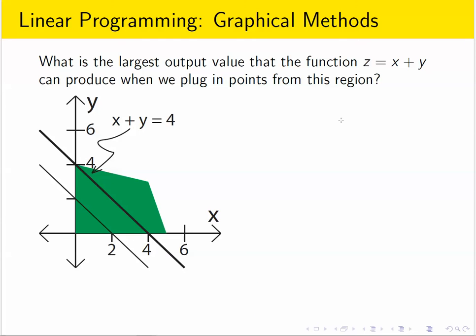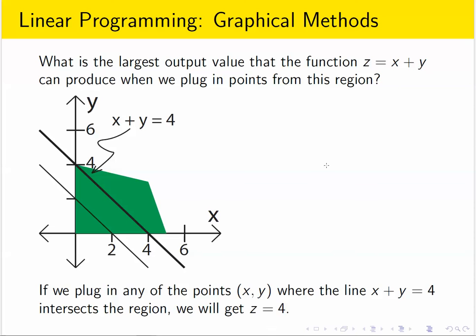I could also get an output of 4, because if I draw the line that corresponds to setting this formula equal to 4, I can plainly see that there are points in the green region that are on that line. And any of those points, if I plug them into this formula, gives me an output of z equals 4. I could do that with other lines as well.